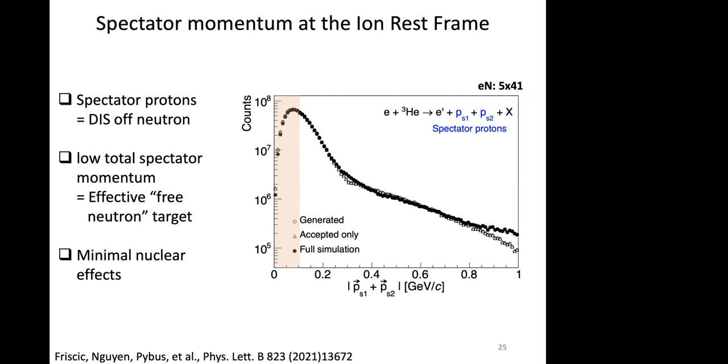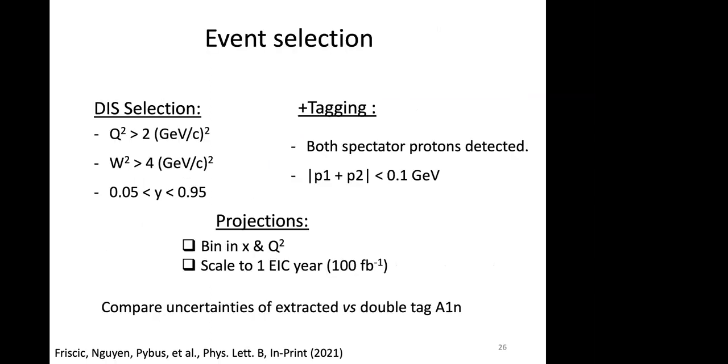This is the type of event we will use to extract the A1N asymmetry directly, which will minimize the nuclear effect.